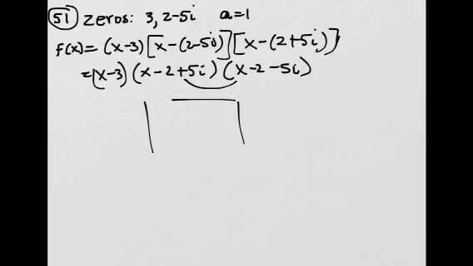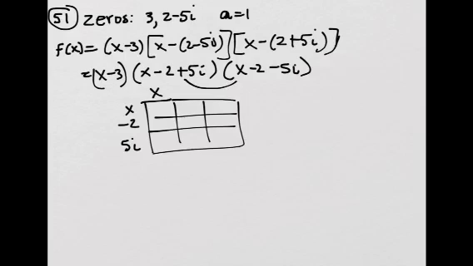Again, you can do the 3 by 3 like this. So you put the x minus 2 plus 5i and x minus 2 minus 5i. So x squared, negative 2x, negative 5xi, negative 2x, 4, and then 10i, positive, and then 5xi, and then negative 10i, and then negative 25i squared.